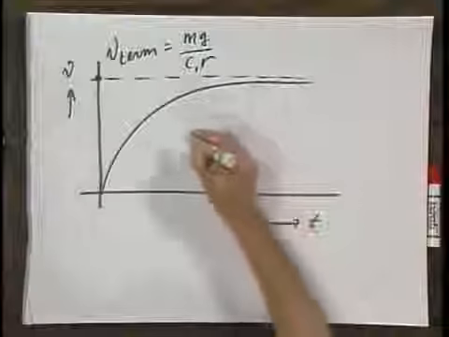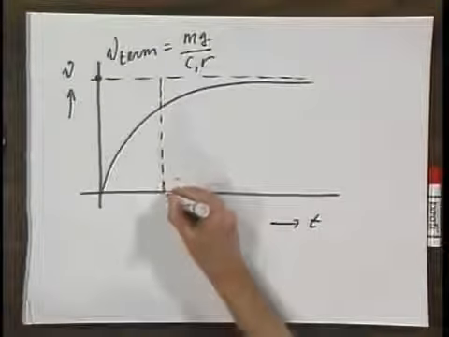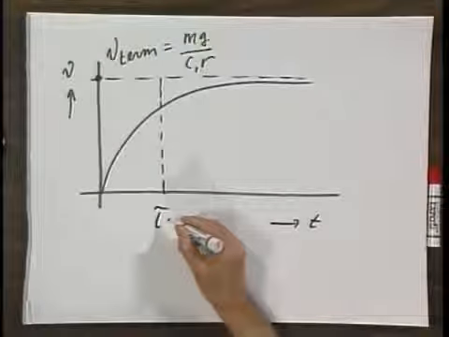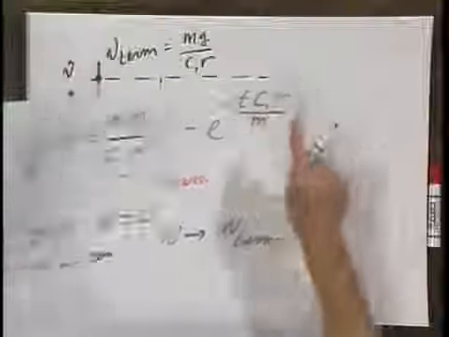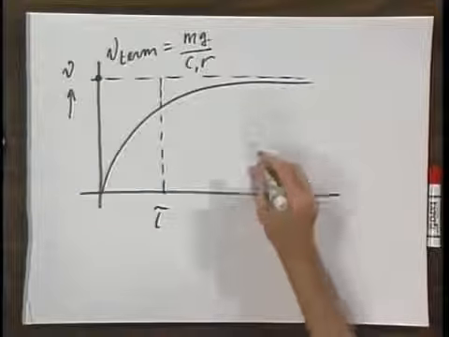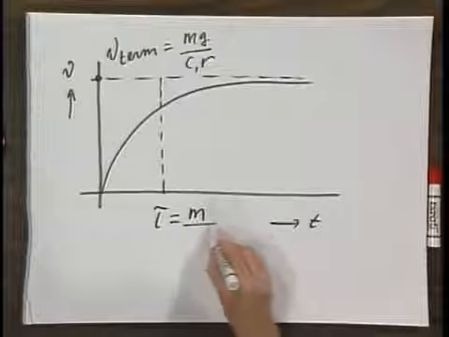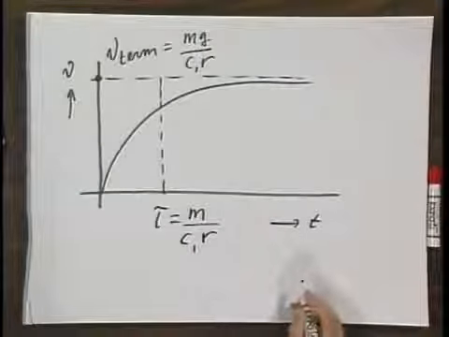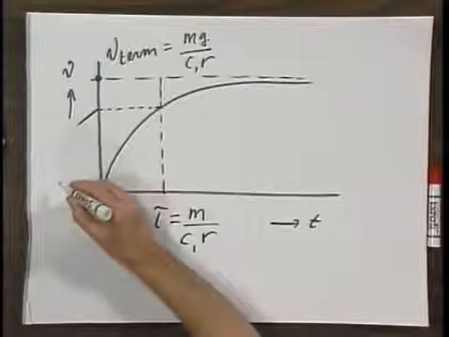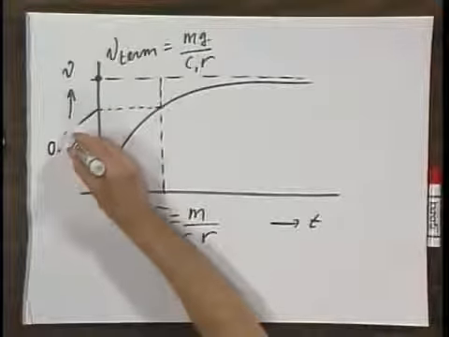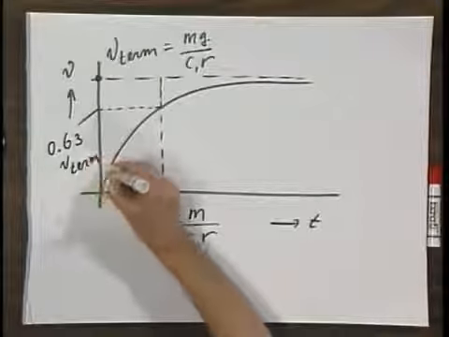And if we wait tau seconds, and tau equals m divided by C1 r, then the speed that the object has is about 63% of the terminal velocity.